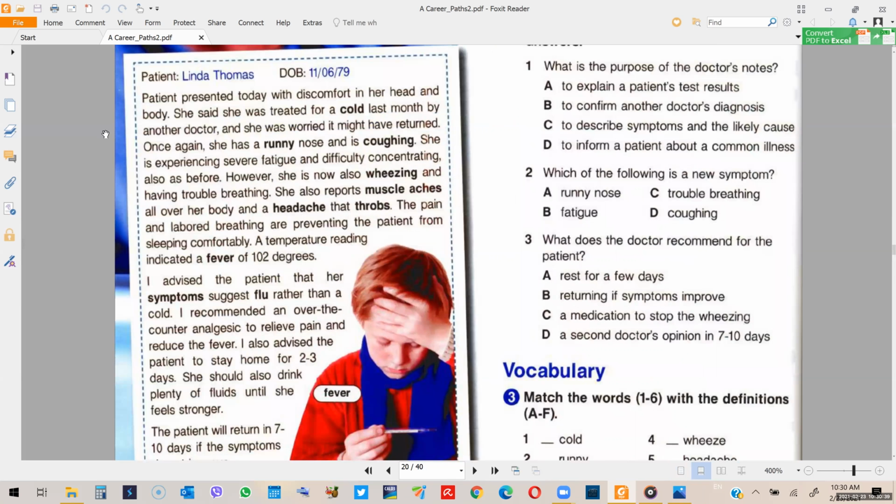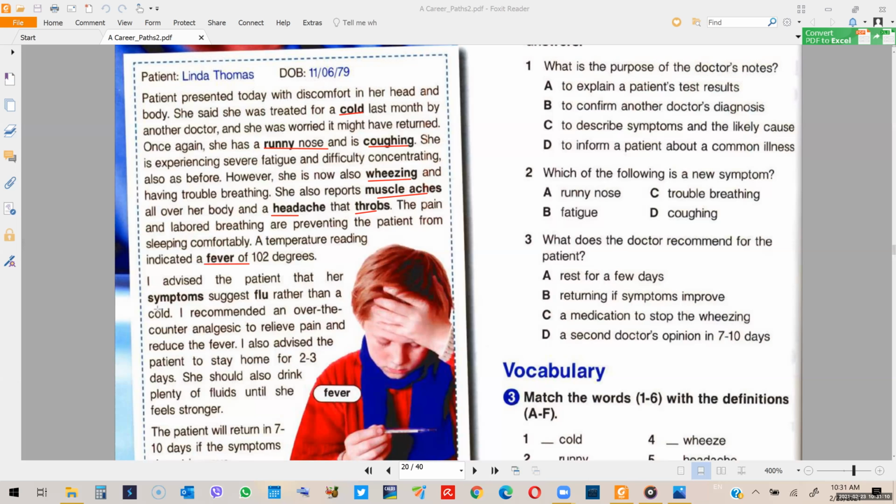So we have some vocabulary here. We say cold, we have a runny nose, coughing, also wheezing and muscle aches, headache, throbs, and we have flu or fever, sorry.